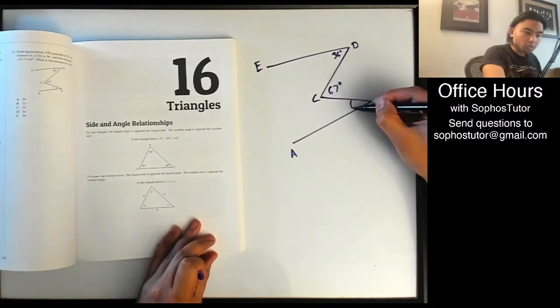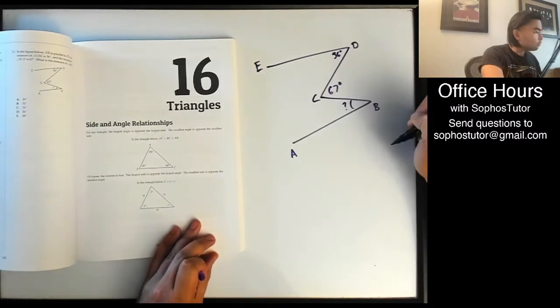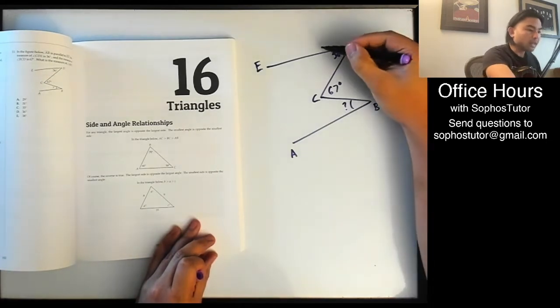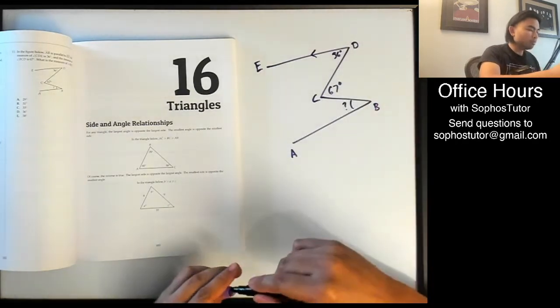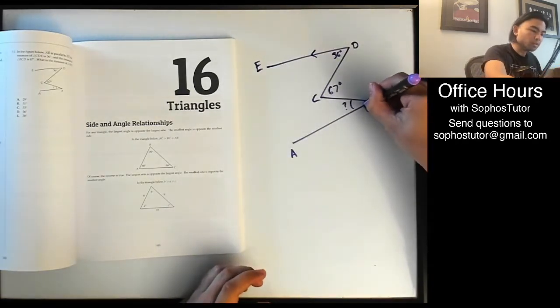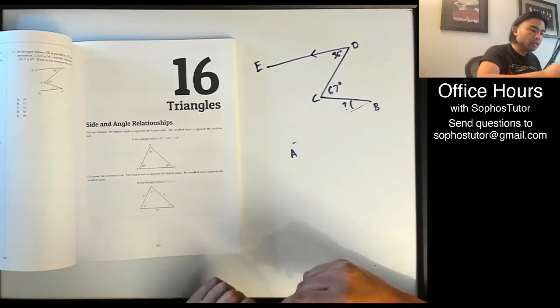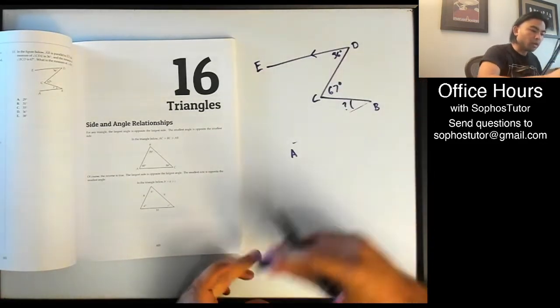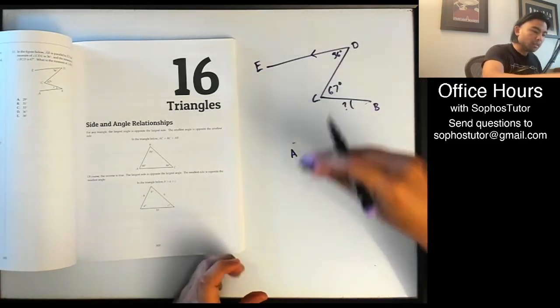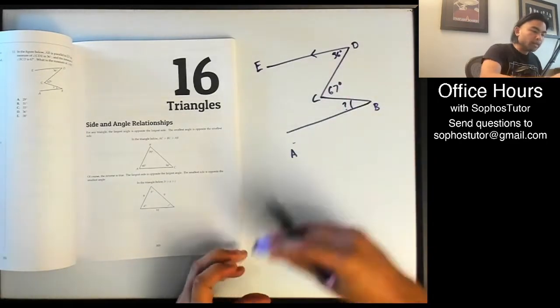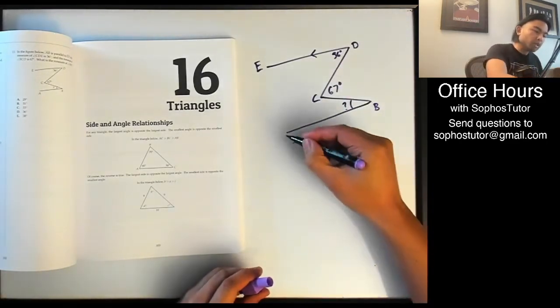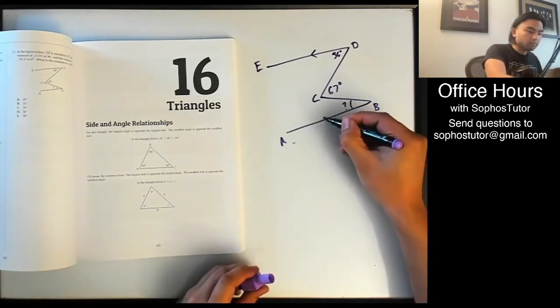And we want to know what angle B is. We're told that segment ED is parallel to AB. Let me redraw AB so it does indeed look parallel to ED. More like that. Okay, all right.